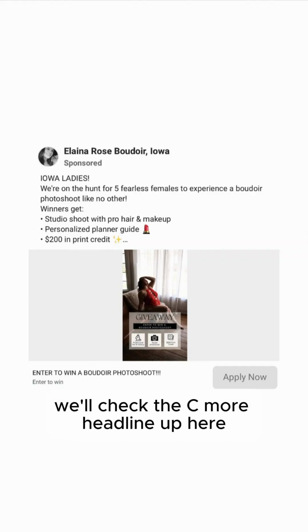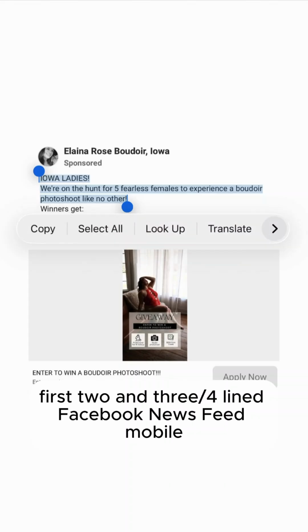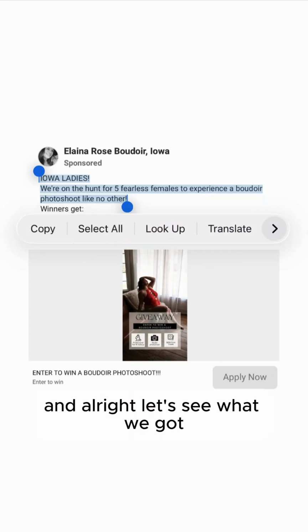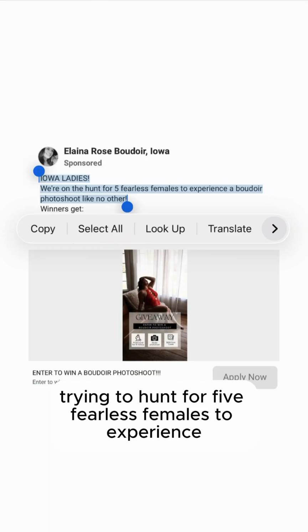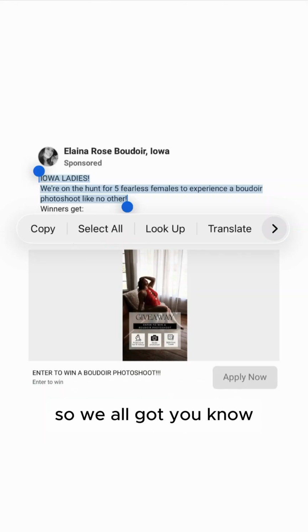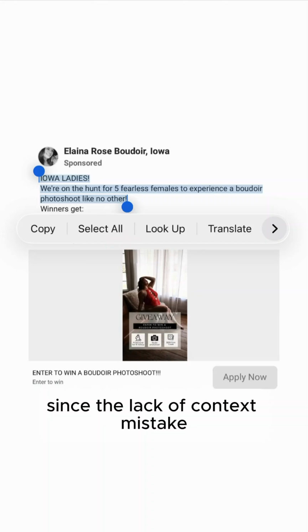All right, finally, we'll check the see more headline up here, first 2 3/4 lines, Facebook newsfeed mobile. All right, let's see what we got. All right, ladies, around the hunt for 5 fearless females experiencing Boudoir photo shoot like that. All right, so we only got maybe one piece of relevant context here. So it's the lack of context mistake.